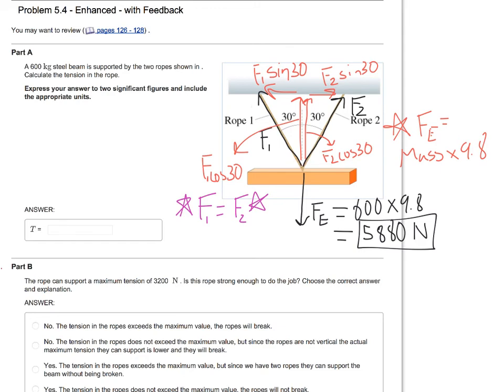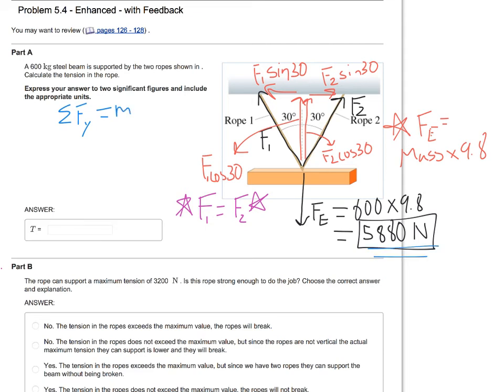We could go through a mathematical proof of why that's true, but I think it's easier just to know that when it's symmetrical, they're equal. So I'm really only focused on the y direction. In the x direction, those 2 forces just cancel out to 0. But I want to get the force of the earth in here.